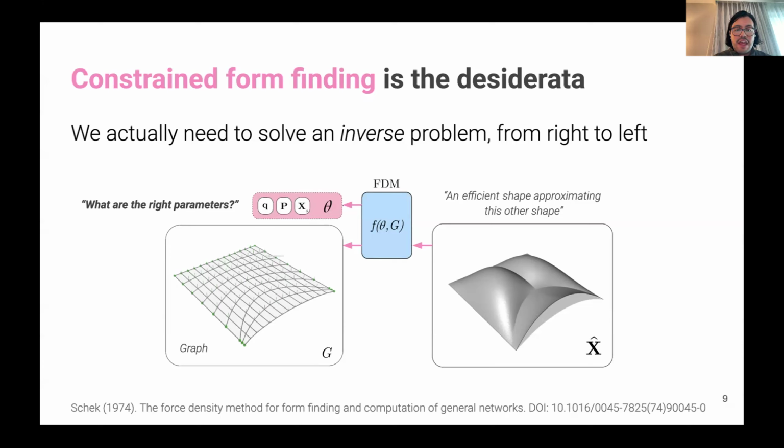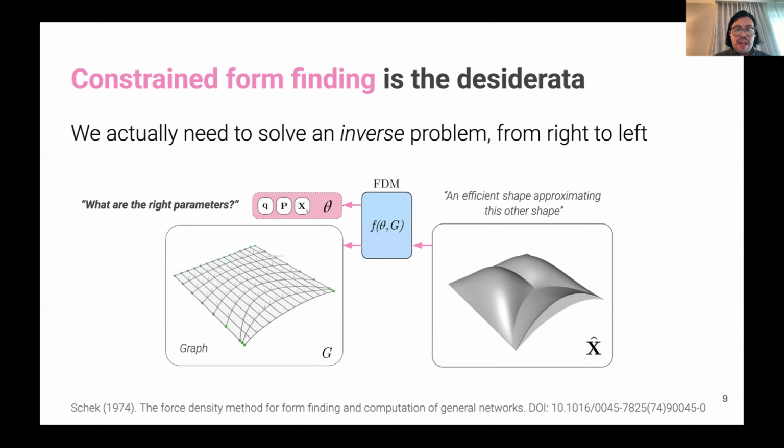The ability to have access to JAX gives JAX FDM a bunch of very interesting features. One is that, through FDM, we can solve this constraint form finding problems using a legendary solver that has been around for 50 years and is backed up by plenty of research. But importantly, we can also formulate constraint form finding problems with respect to all the parameters that are input to the form finding method.